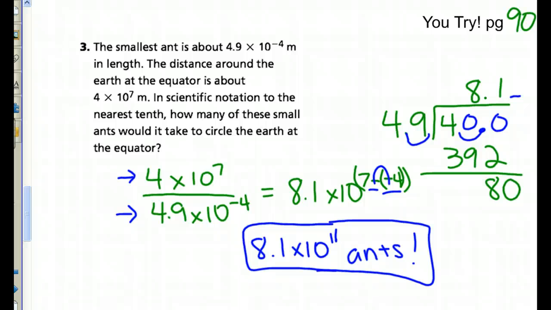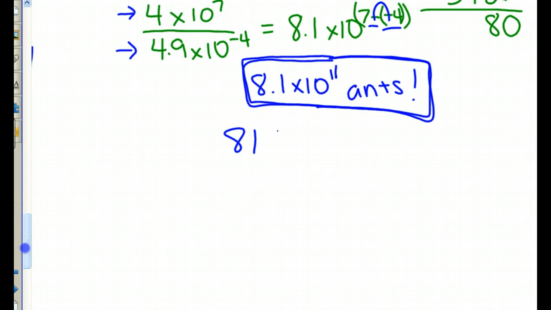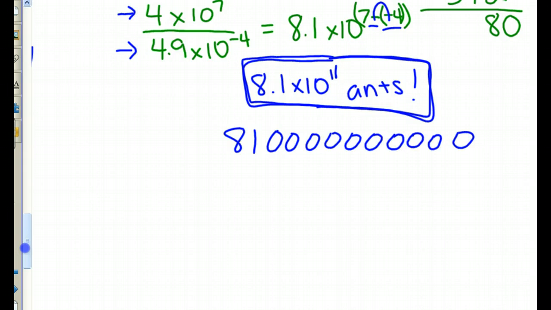So 8.1 times 10 to the 11th ants. Now that is a lot of ants. In case you were wondering, that is 8, 1, 2, 3, 4, 5, 6, 7, 8, 9, 10. That is a lot of ants. 810 billion ants to wrap around the entire Earth at the equator.